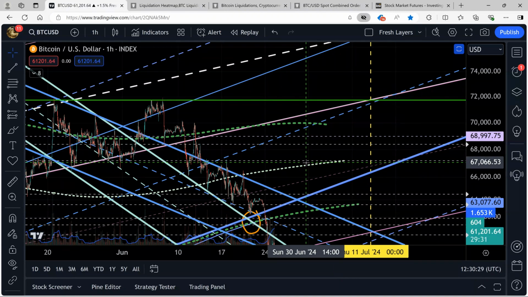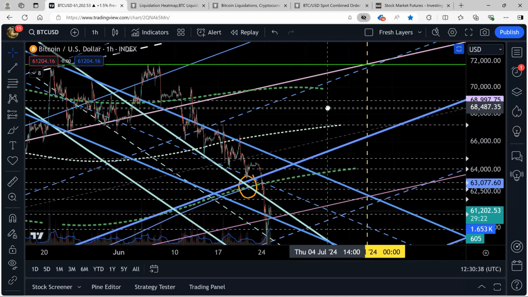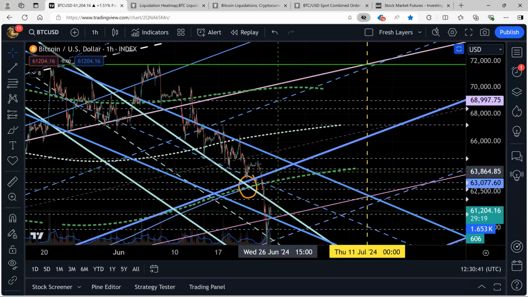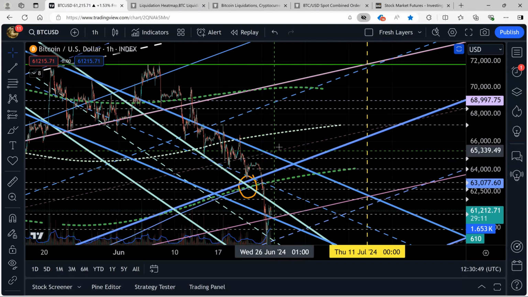In the next week? I think quite possibly we could do that. And I think that's a good target for us. I think we continue back on up here, back where we were heading before the FUD. Before the FUD, we were heading from this bounce here back up this way.